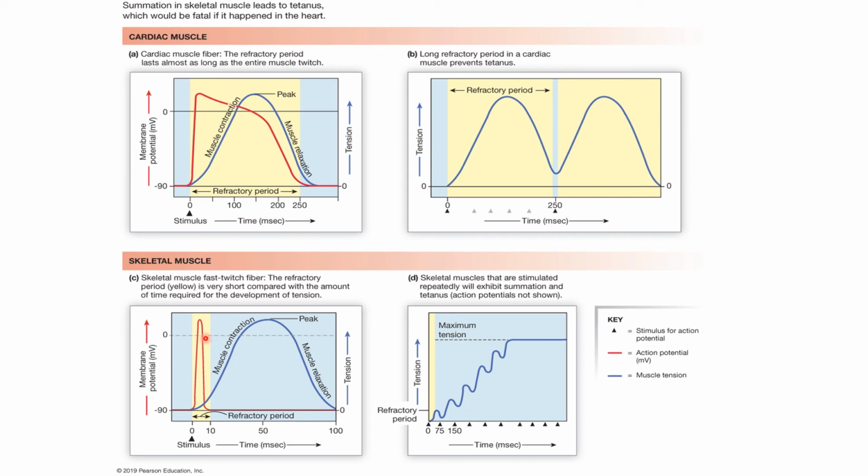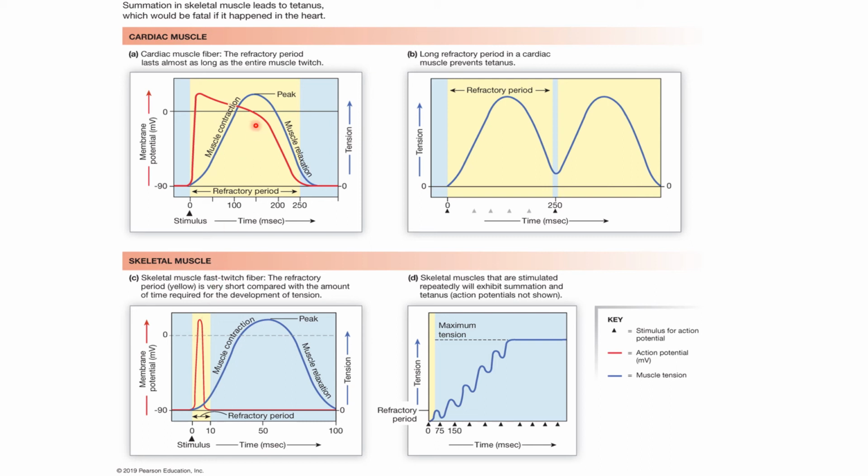Now, one thing to note between the action potential of our contractile cells versus the action potential of our skeletal muscles is that the action potential of our contractile cells lasts longer, about 200 milliseconds, versus in our skeletal muscles, the action potential is way shorter. It only lasts from 1 to 5 milliseconds.